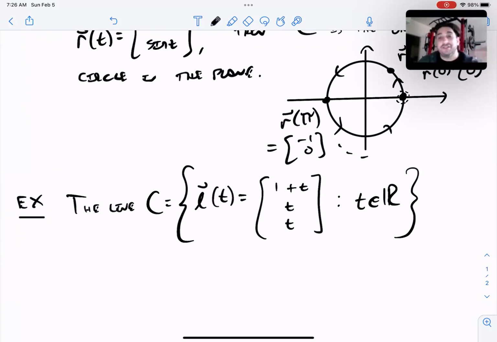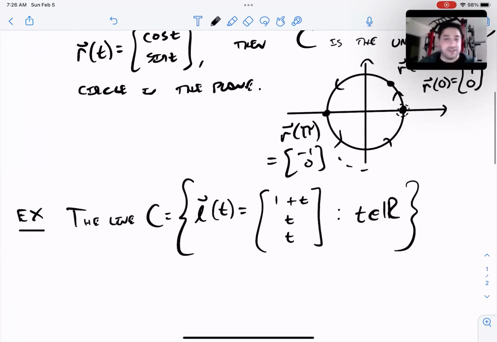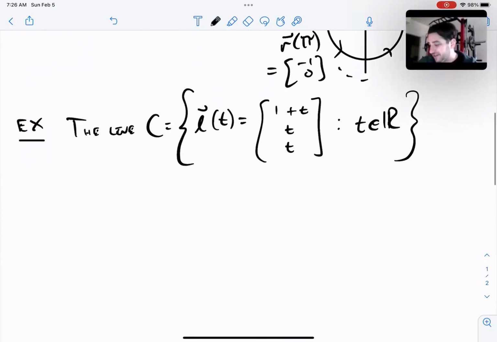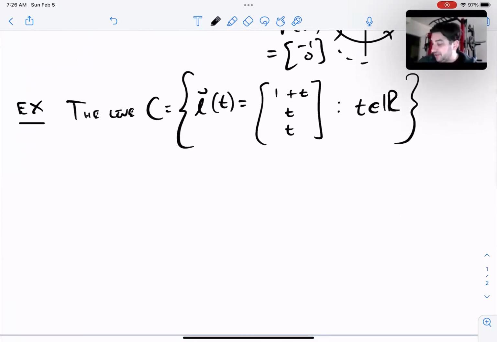It doesn't have to literally curve like how we tend to use the word curve colloquially in English. It can be a straight line. It just has to be able to be described in this sort of one-dimensional parameter fashion. So this is a perfectly good parametric curve.